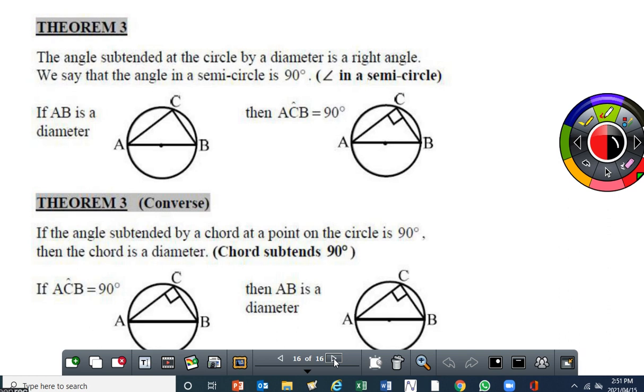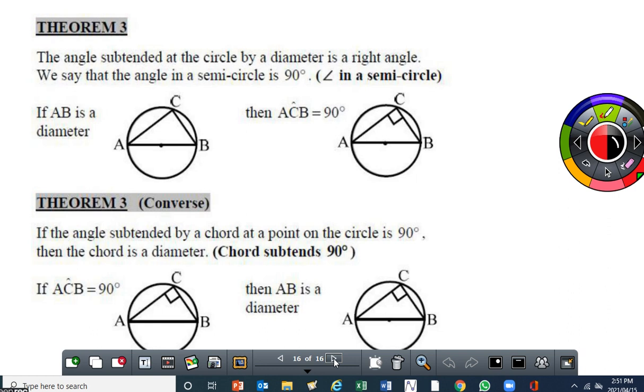Theorem 3 says the angle subtended at the circle, that is the circumference, by a diameter is a right angle. An angle subtended by a diameter at the circumference is always equal to 90 degrees.